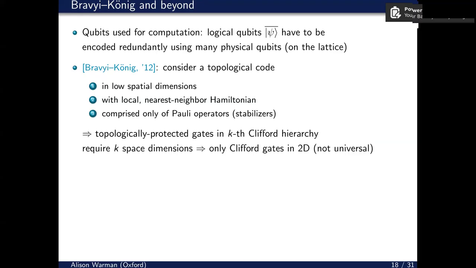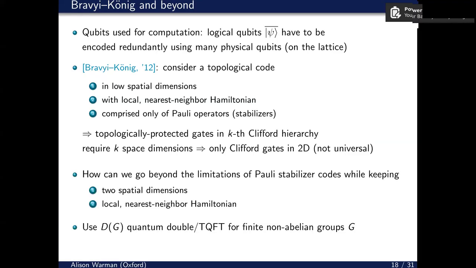So how can we go beyond this? We still want to consider a low spatial dimension, ideally 2 dimensions. And we want to maintain the nice properties of having a local nearest neighbor Hamiltonian. However, we will abandon the requirement of Pauli operators in the Hamiltonian, which in the quantum information context are also called stabilizers.